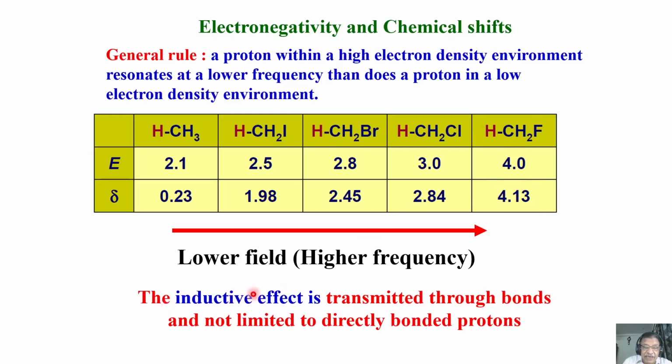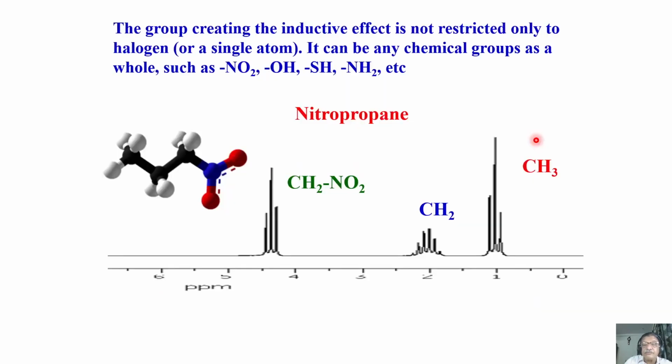Now, this is because of the electronegative substituent. Another thing I want to tell you is that the inductive effect is transmitted through bonds and is not only related to directly bonded protons. In this case, carbon and fluorine are directly bonded, with one proton of CH4 replaced by fluorine.